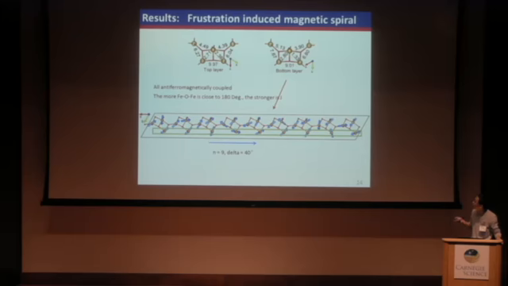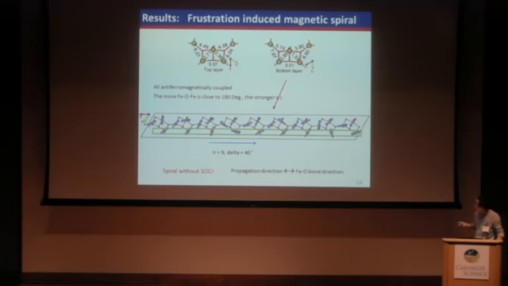It is purely the frustration effect, because since it has a period of 9, each neighboring spin vector has an angle of 60 degrees.